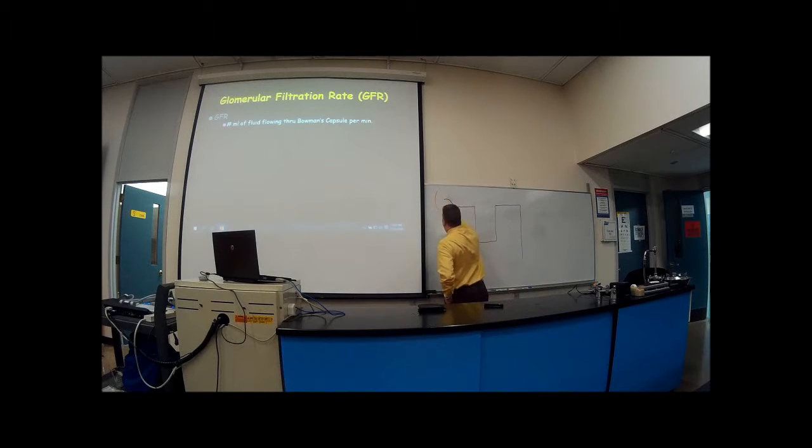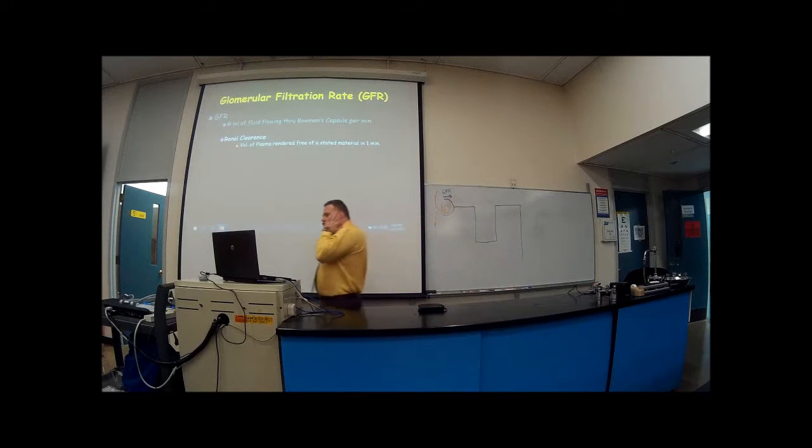And what we're talking about is the GFR, the glomerular filtration rate, is how fast the fluid is getting into the nephron. That's basically what the glomerular filtration rate is: a number of milliliters flowing through Bowman's capsule per minute.